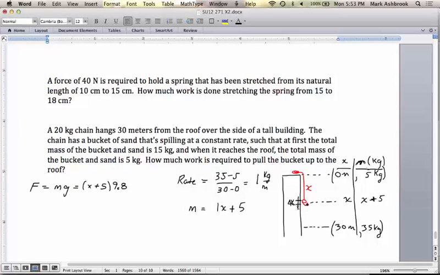Okay, so that's the force, say, to hold it. That's all the force of what's hanging over the building. And then we want a little bit of work. The little bit of work to move that up a little bit will be force times distance.